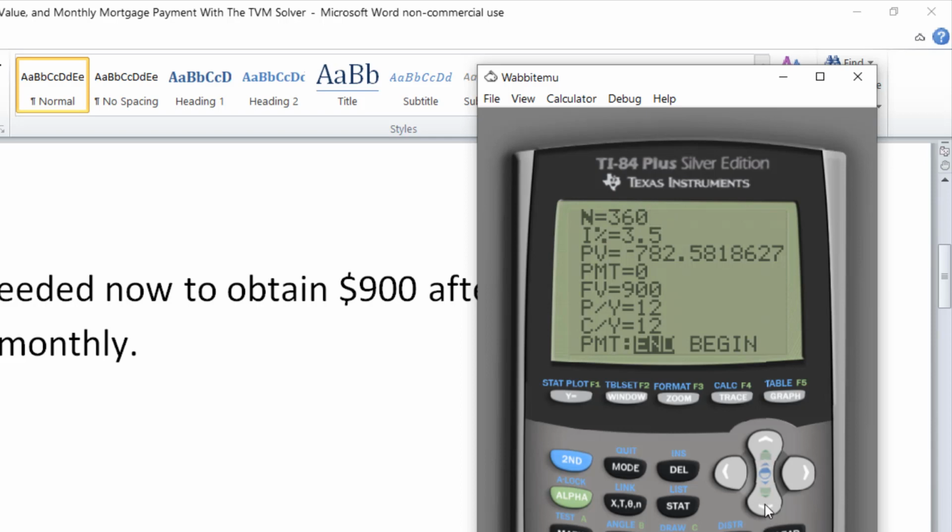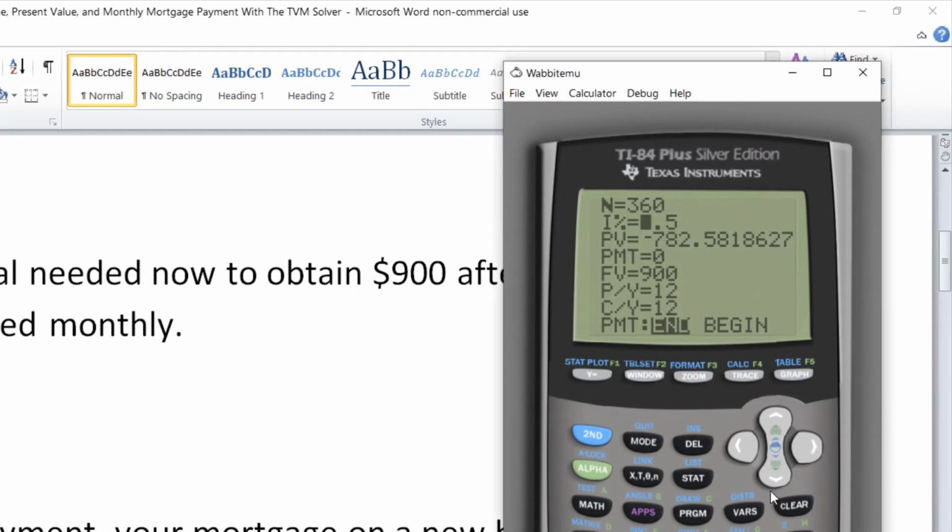Interest rate is 3%, compounded monthly, but we just enter the 3. And in this case, the present value represents the cost of the house or your starting mortgage, so this will be $200,000.